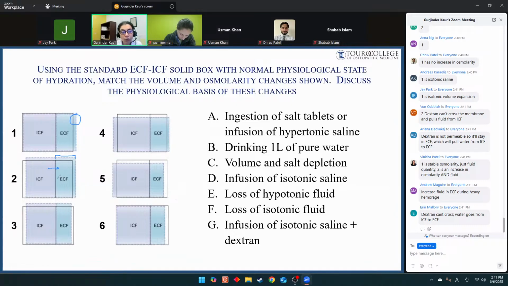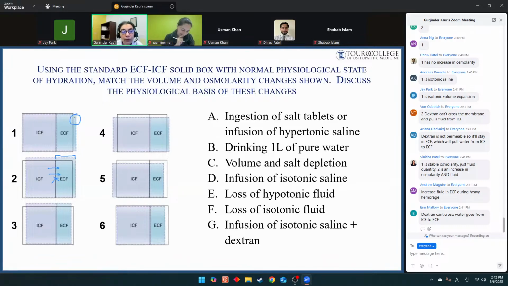It cannot cross this membrane, right? So if it can't cross, it's going to stay here and bring the osmolarity up, right? If osmolarity is up here, what's going to happen? Your ICF volume will move towards ECF. So it's going to be 2 again. Is everyone clear about that?